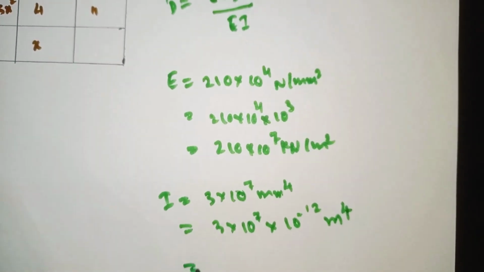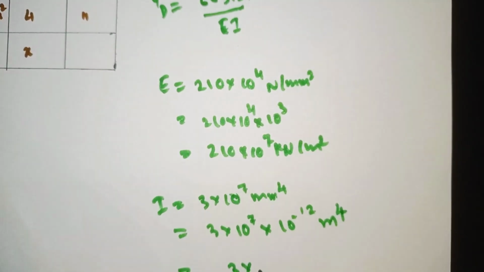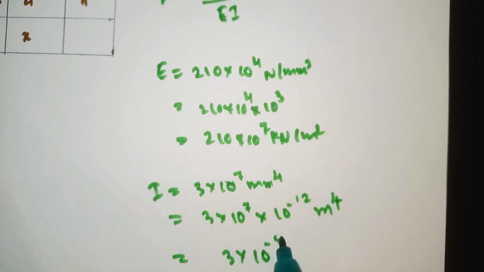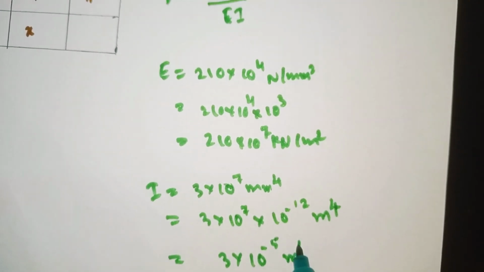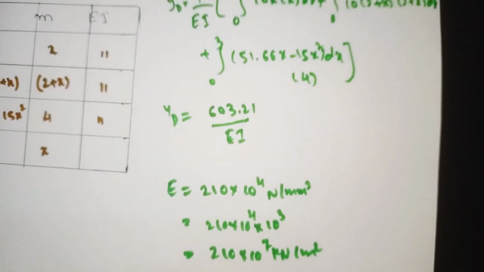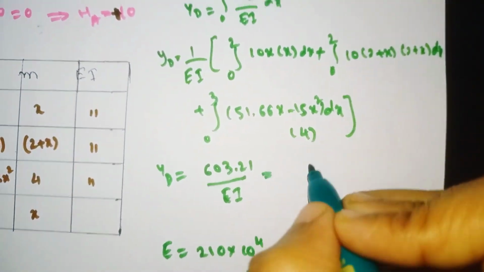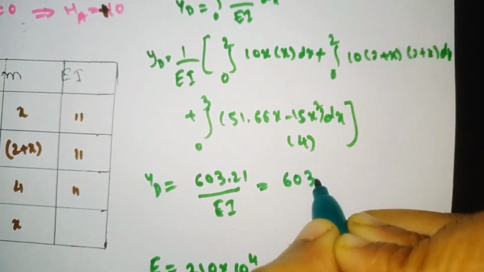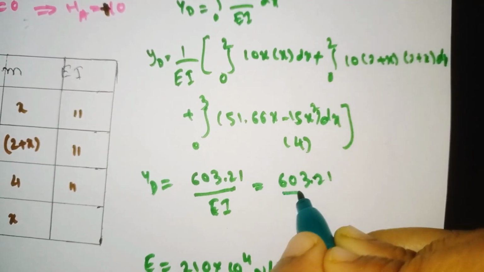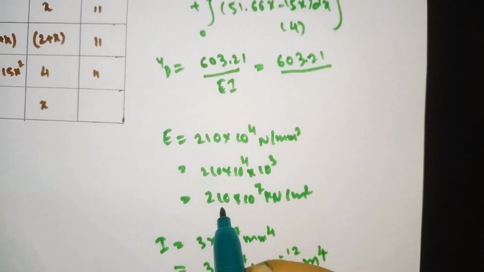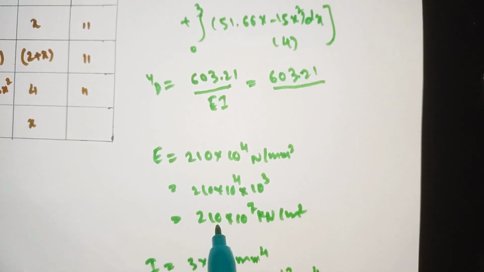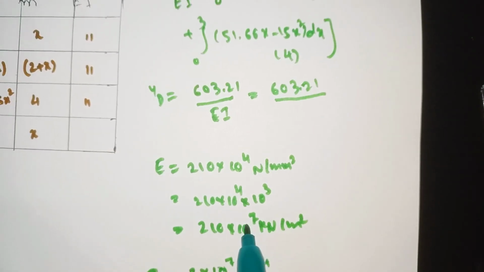So it will come out as 3 into 10 to the power of minus 5 meter to the power of 4. Now substitute this value: 603.21 divided by the E value, which is 210 into 10 to the power of 7.